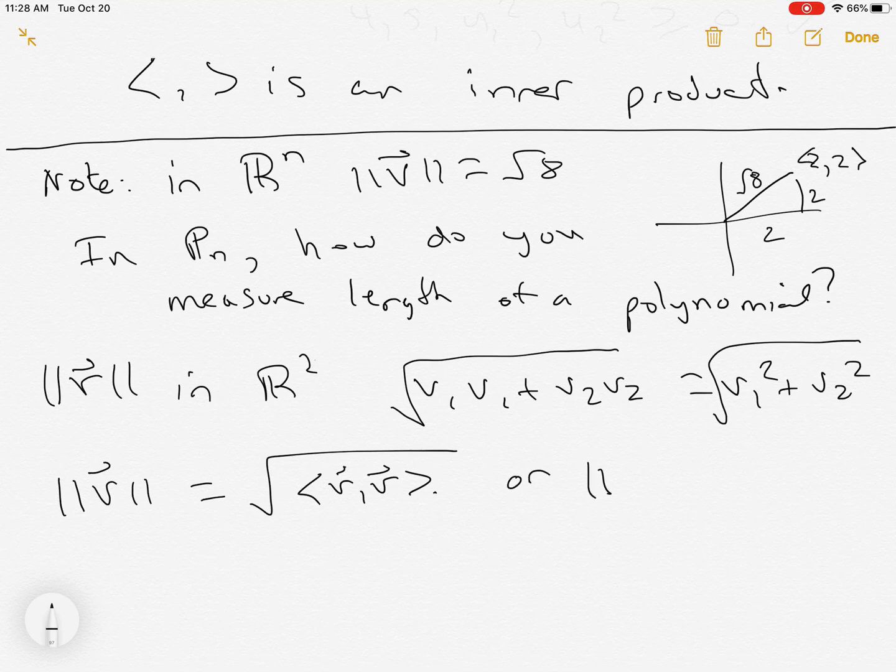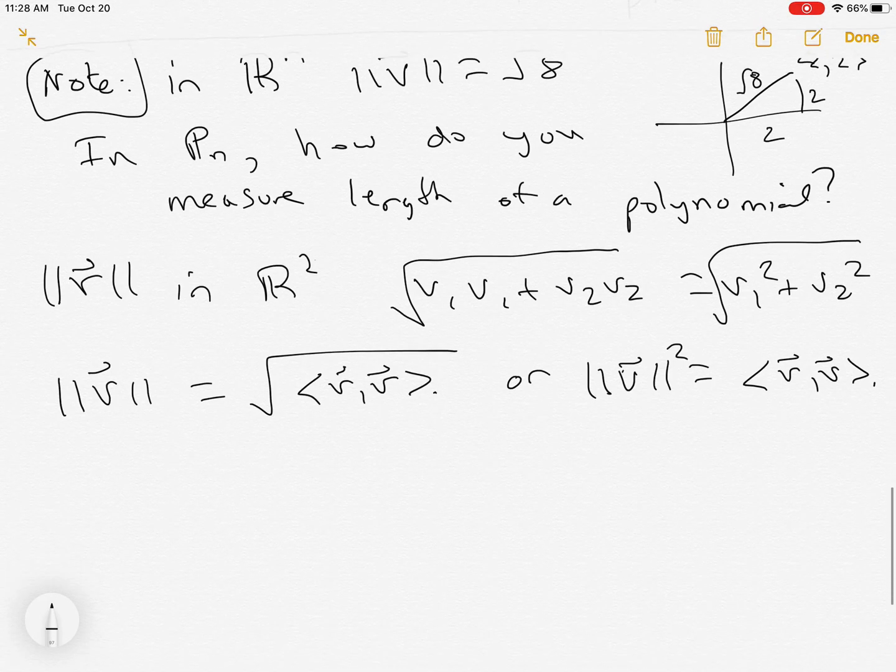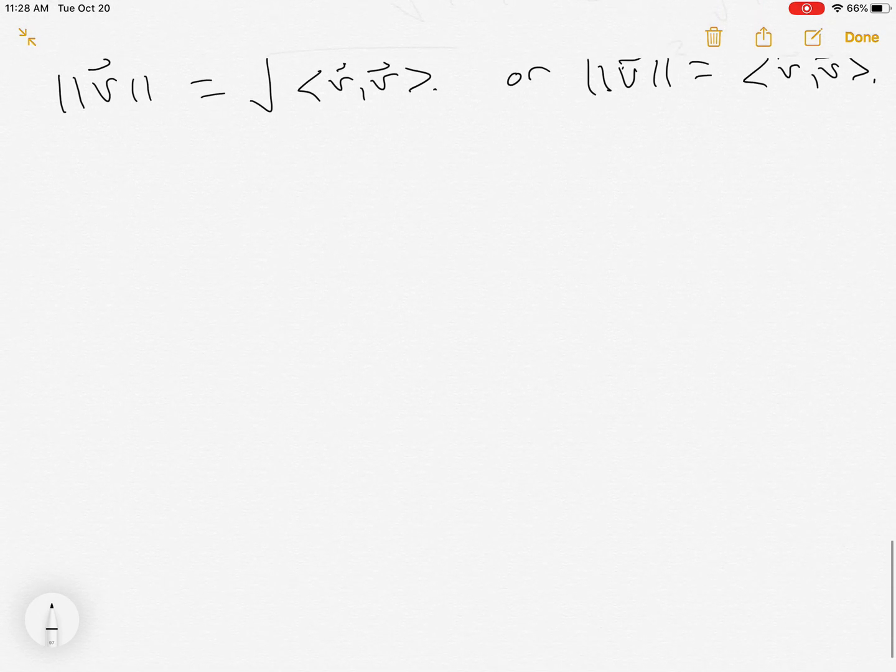Or better yet, the length squared is the inner product. So it depends on what the definition of the inner product is. And you can see I'm struggling because we always want to think in terms of vectors. We've been hammering that with you forever. So let's just keep this in mind as we go through this next part, because it's very abstract, but not.